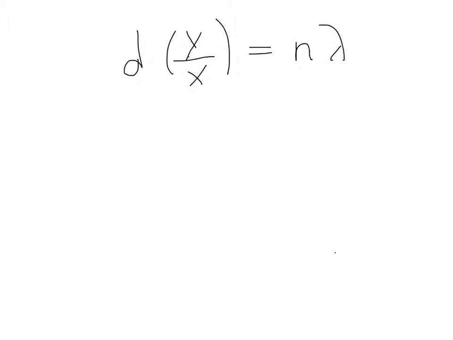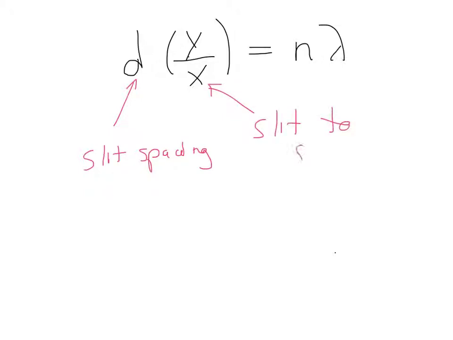So just to define what the terms are: d is the slit spacing, and x is the distance from slit to screen. I might call that H, I don't recall what I called that in the video. And y is the location of the bright spot.